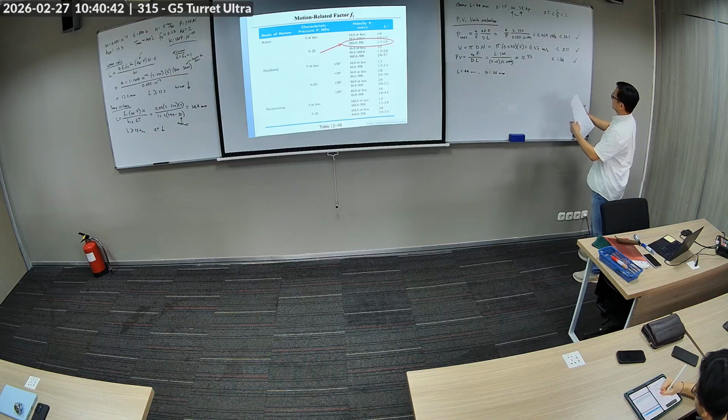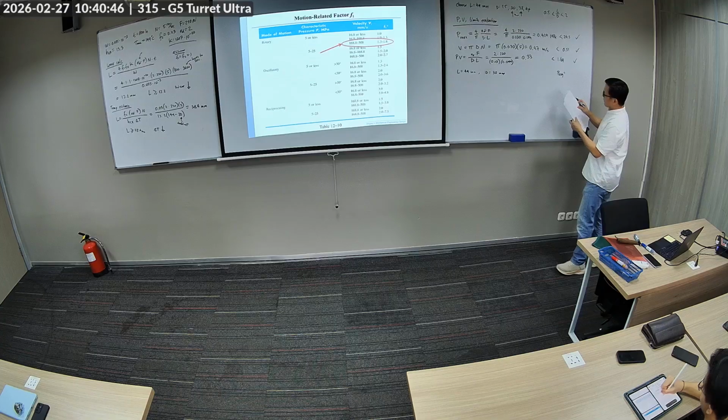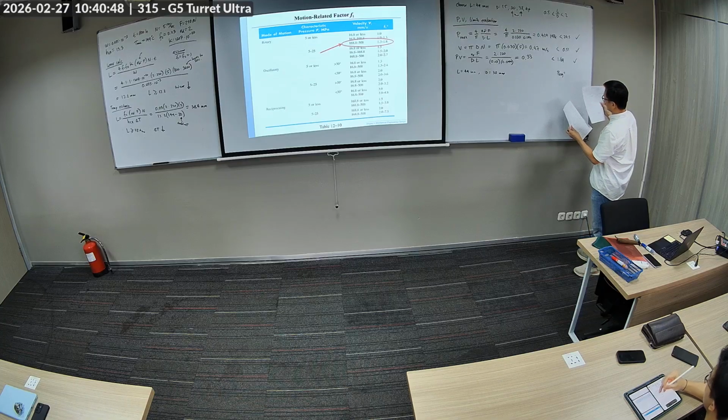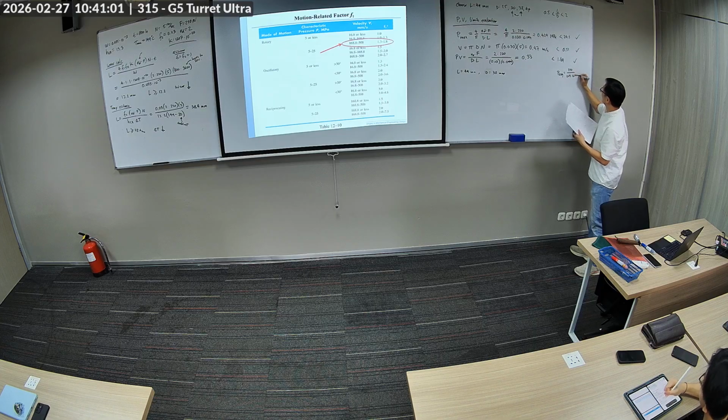P average. My P average was F divided by DL. What is it?